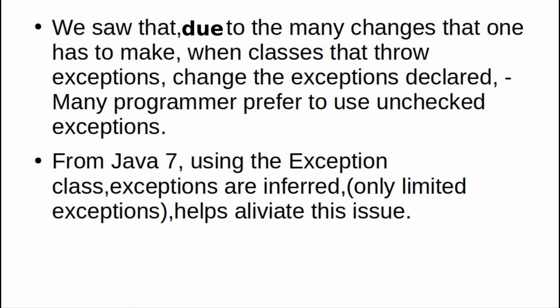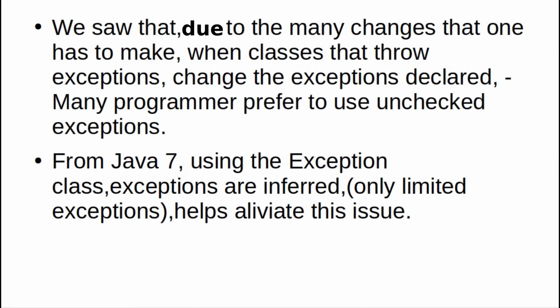but only limited exceptions. If you're using a method, as I showed previously, that throws, say, two checked exceptions, the IOException and SQLException, then in your method, in your try catch, where you declare that you catch it with a superclass Exception, it is inferred that there are actually two exceptions; the compiler knows it can only be an SQLException or an IOException in this case.